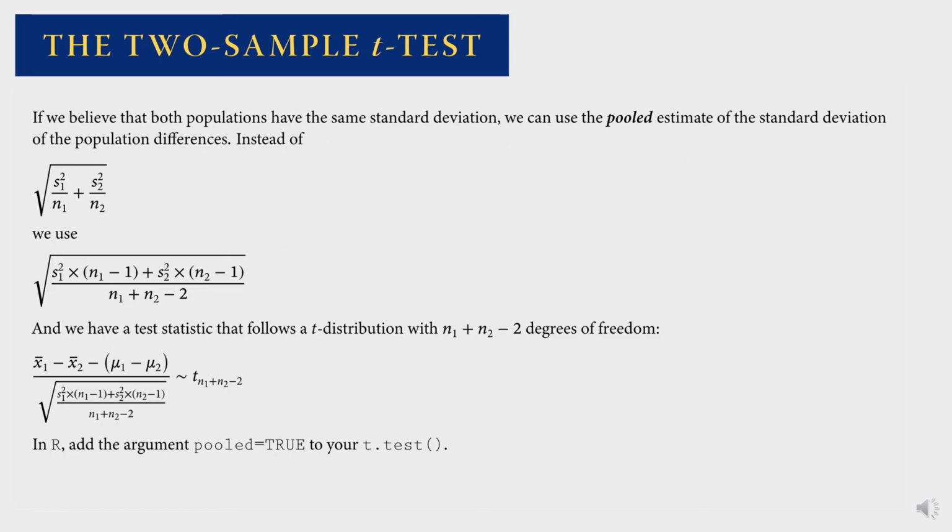If we have good reason to believe that the population standard deviations are equal, we can get a somewhat better estimate of the standard error by using the pooled version. Instead of using this, use this. And the degrees of freedom are n1 plus n2 minus 2. In R, you add var.equal equals TRUE to the t.test arguments.